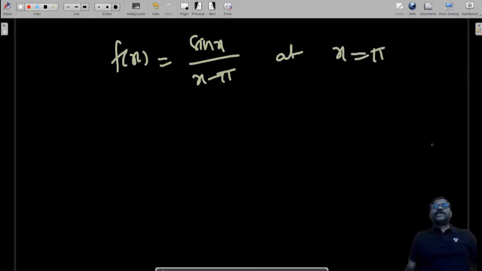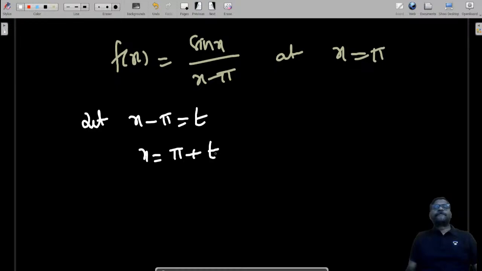At x equal to pi, let us take x minus pi equal to t, x equal to pi plus t.